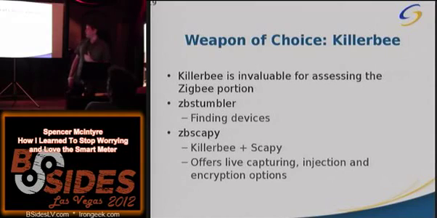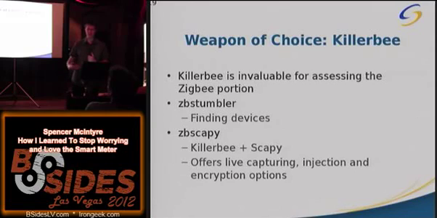All right, and then finally we're going to talk briefly about Zigbee Security. Zigbee Security is actually a patch that I released about a year ago that allows more fine-grained control and more fine-grained packet injection techniques with the KillerBee framework.